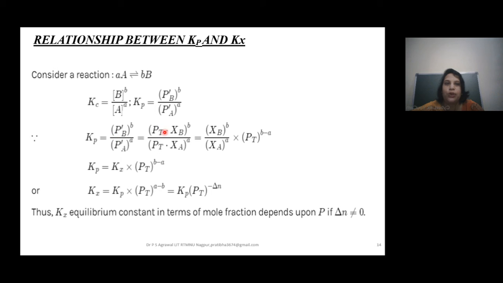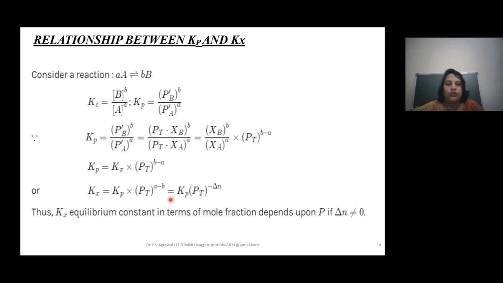So putting P dash of B, P dash of A as P X of B and P X of A, we reach some mole fraction terms and again pressure terms. The power is B minus A. B minus A means again delta N. Or if we take this as Kx, then it will be A minus B. We can call it minus delta N, whatever.